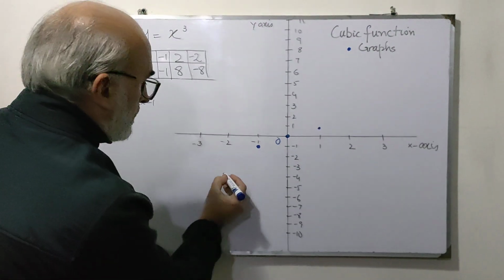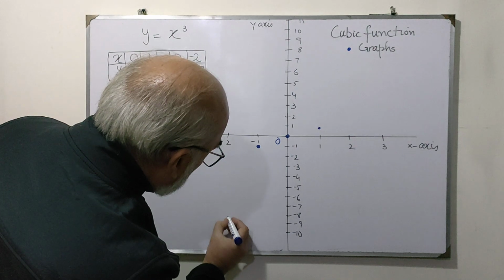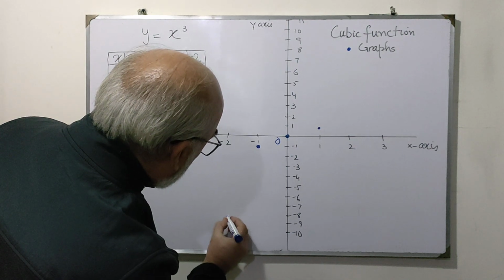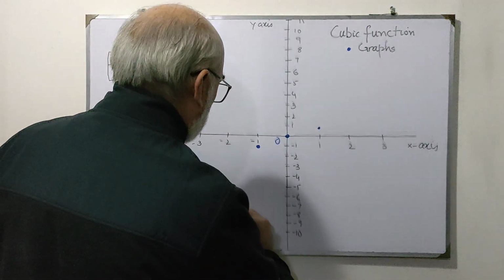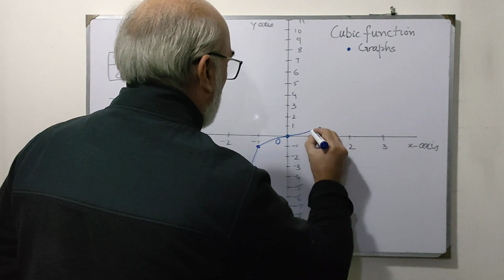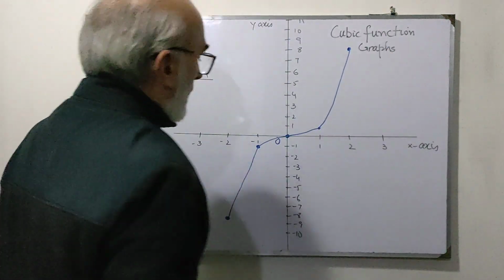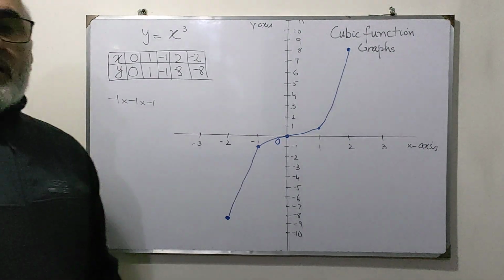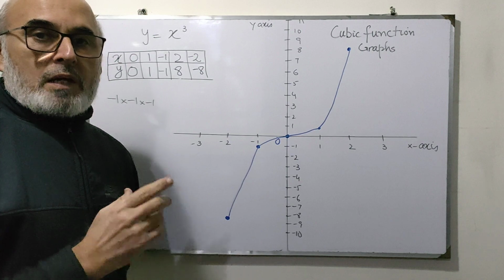And then minus 2 and minus 8. It's here. Okay, now let's join the points. Okay. This is our graph of a cubic function.